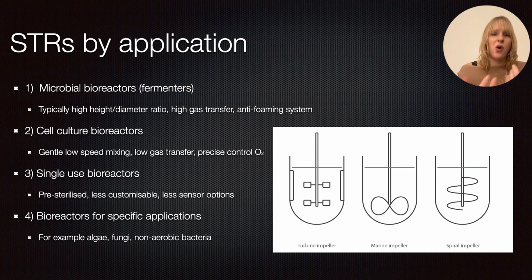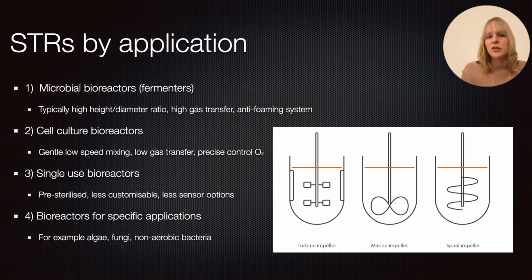If you have E. coli, it doubles every 15 to 20 minutes. So very different conditions. You want really gentle, low speed mixing, and your gas transfer can be a lot lower compared to the microbial bioreactors because the demand for oxygen is much lower, since they don't grow that fast.